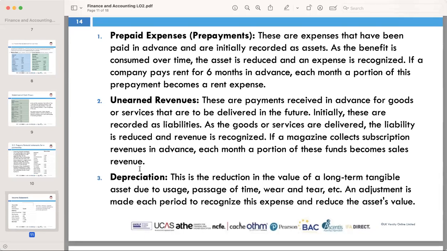To accurately represent this depreciation in value, we make adjustments each accounting period to recognize the depreciation expense and reduce the asset's value. If a company owns a piece of machinery, its value may decrease as it gets older and experiences wear and tear. So we allocate a portion of the asset's value as depreciation expense, reflecting the decrease in its worth.